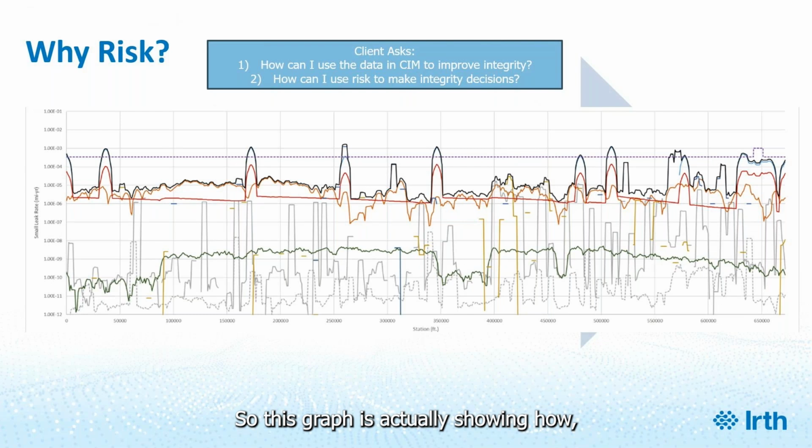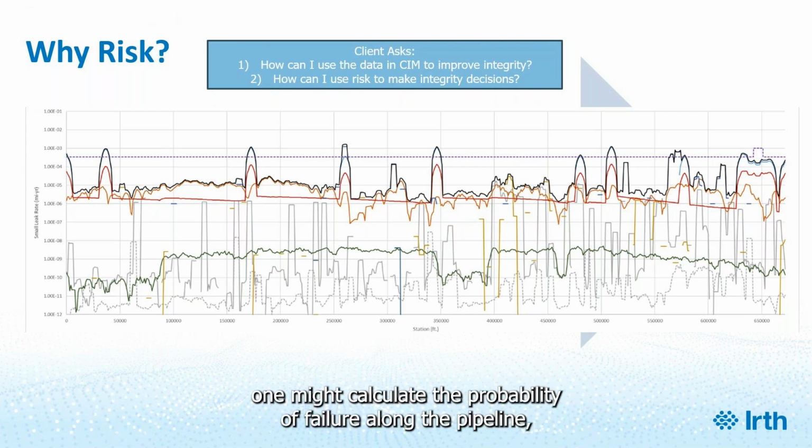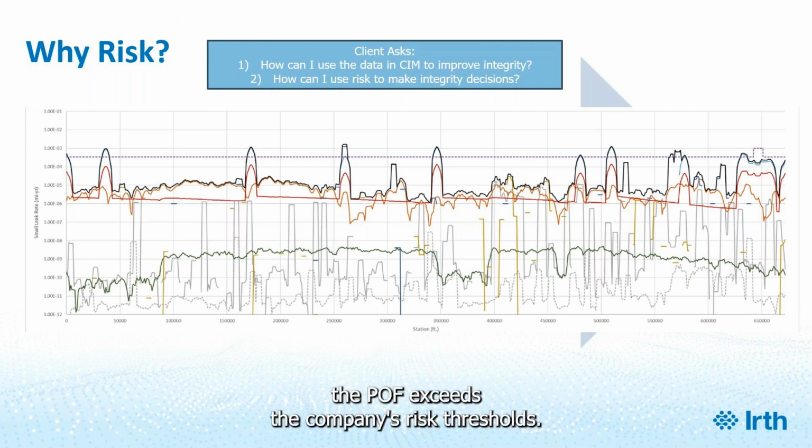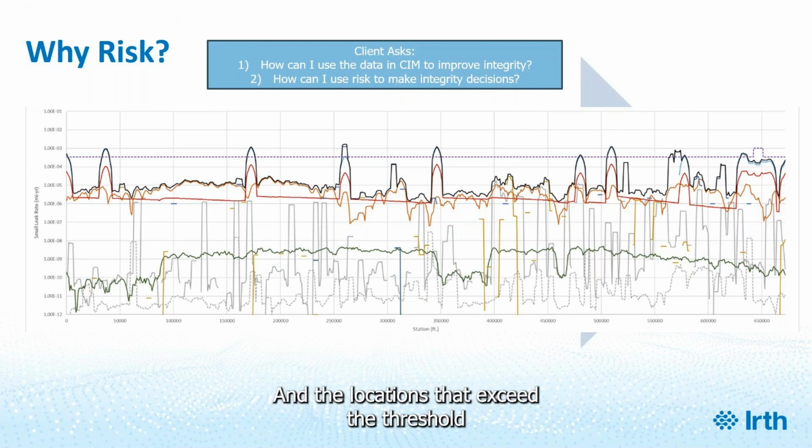So this graph is actually showing how one might calculate the probability of failure along the pipeline, one particular pipeline, and determine where the POF exceeds the company's risk threshold. So the risk threshold is that dotted purple line, and the locations that exceed the threshold might be identified for mitigation to drive down the risk.